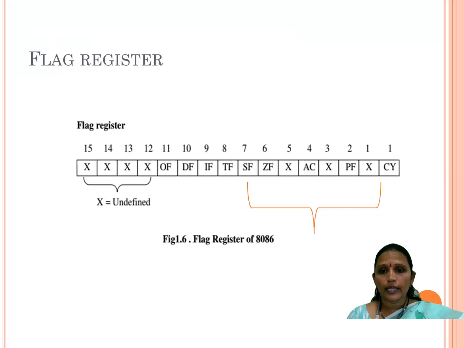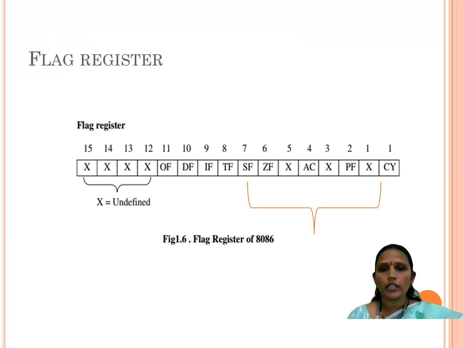Coming to the carry flag, after performing ALU operations, if a carry is generated, then the particular flag will be set. For that purpose, we use the carry flag. Coming to the parity flag, we have 2 different types of parity, even parity and odd parity.